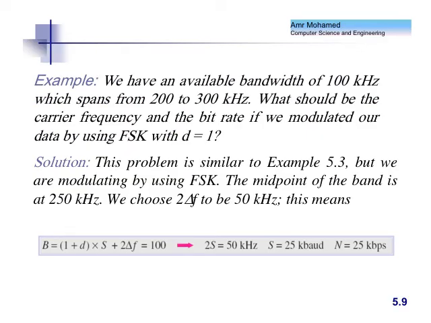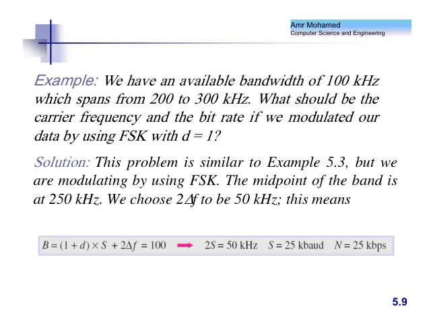So a very quick example: if we have an available bandwidth of 100 kilohertz, the same bandwidth that we had for ASK, which remember resulted in a data rate of 50 kilobits per second for one direction, not even for full duplex.